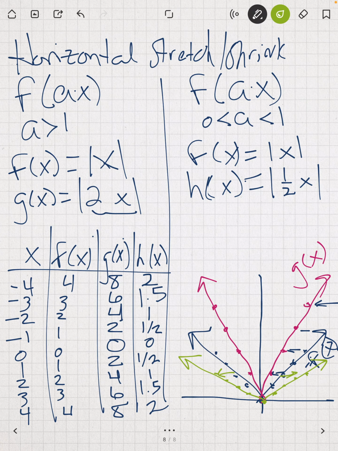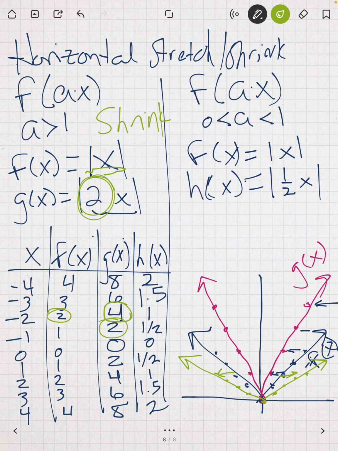Because in this first case where we have a horizontal shrink, what happened at x before now happens twice as fast, right? So before, at 2 we were at 2, but now we're there twice as soon.